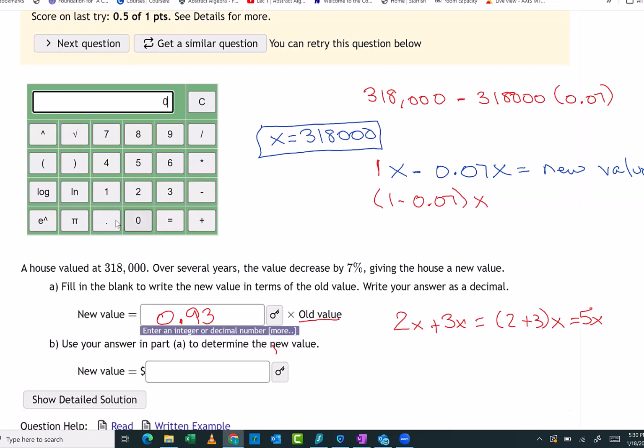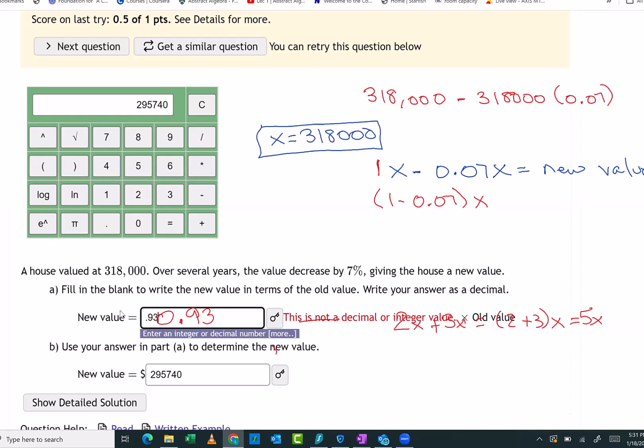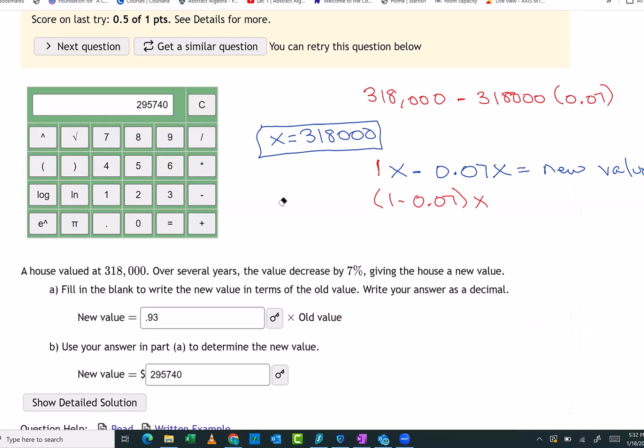So I have 0.93 times $318,000 equals 295,740. This is 0.93. Well, that is the correct answer.